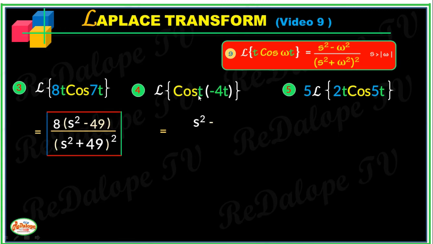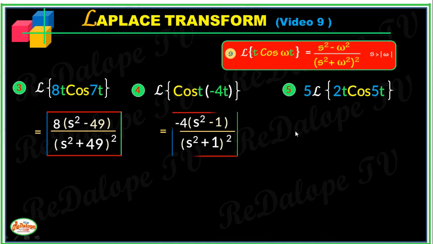Since there is no coefficient here, it is understood that the coefficient is 1, so square 1, that is 1, divided by, copy s square, the plus sign is also to be copied, and omega is simply 1, square 1, so that is simply 1 also, and then copy square here, and then multiply that by negative 4. The final answer is negative 4 multiplied by s square minus 1 raised to square.